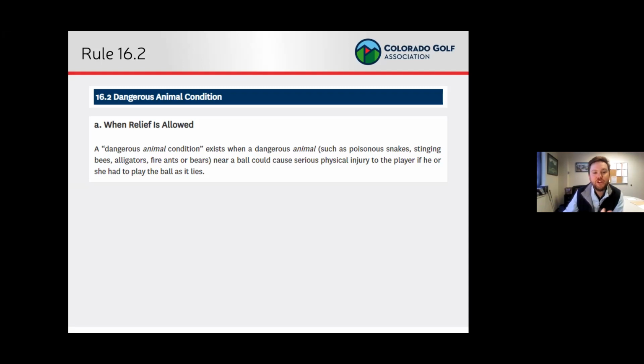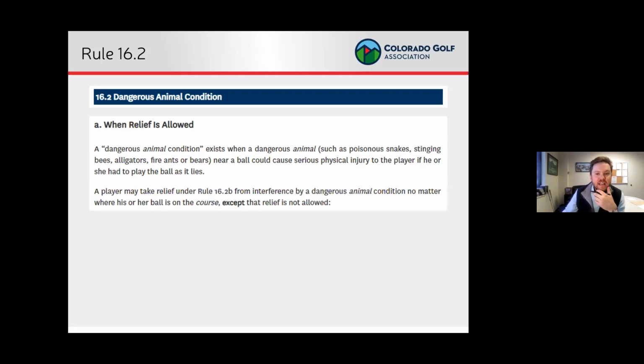And then it caused serious physical injury to the player if he or she had to play the ball as it lies. And then it goes on to say a player may take relief under Rule 16.2b from interference from that dangerous animal condition, no matter where his or her ball lies on the course, except that relief is not allowed. So, this can be any area of the course.